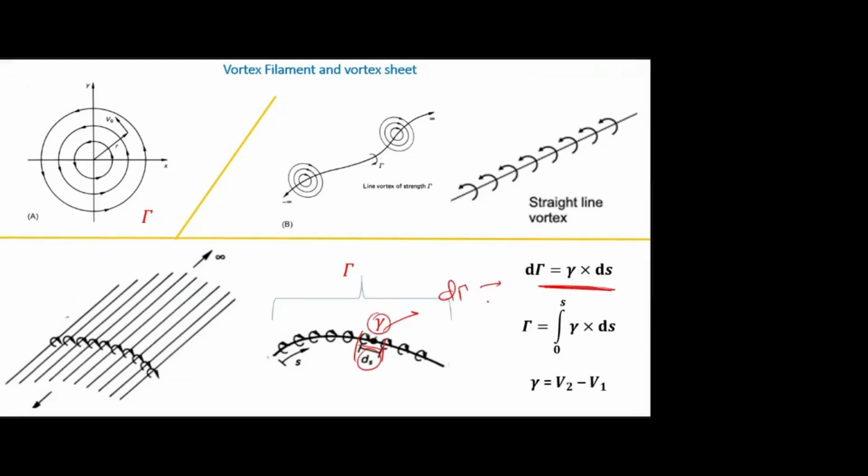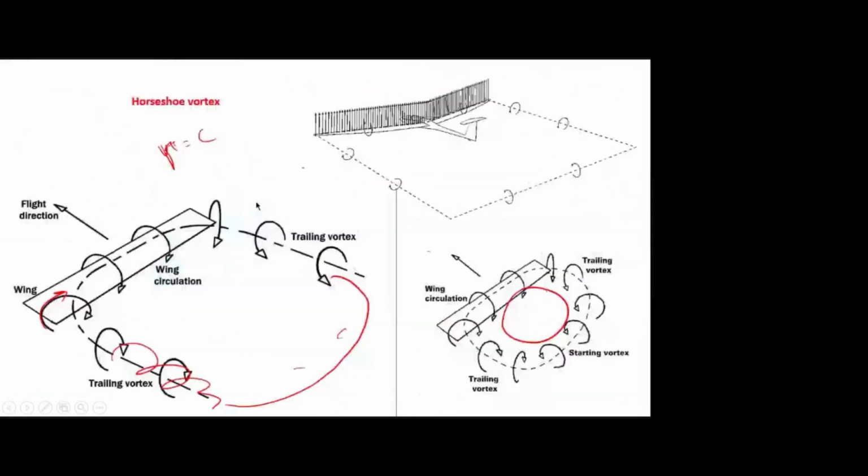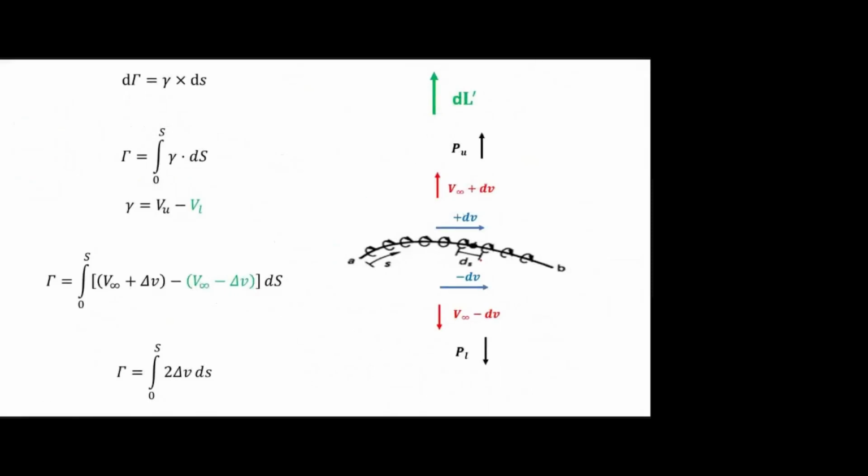Then for the complete vortex sheet, we have to integrate from 0 to S. So gamma into ds, where gamma is just the velocity difference, because we assume the vortex is very small, so it is equal to a rotating fluid element. This formula we already discussed, the same thing I'm taking here. For the small section ds, this is the strength. Then for the complete vortex sheet, this is the strength.